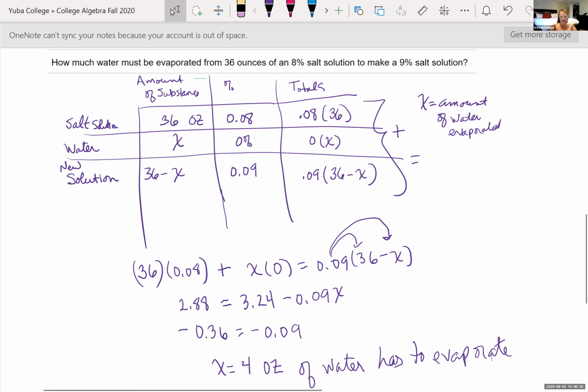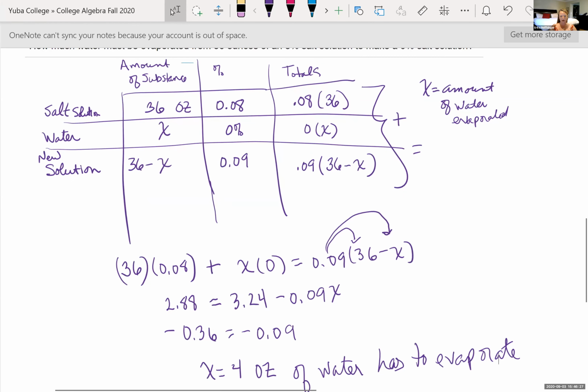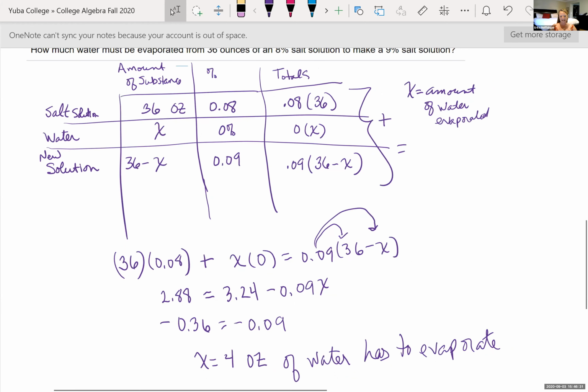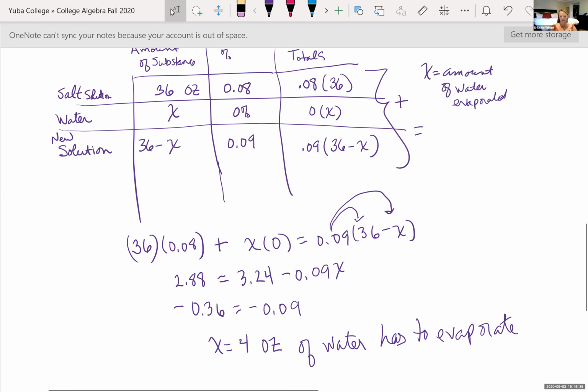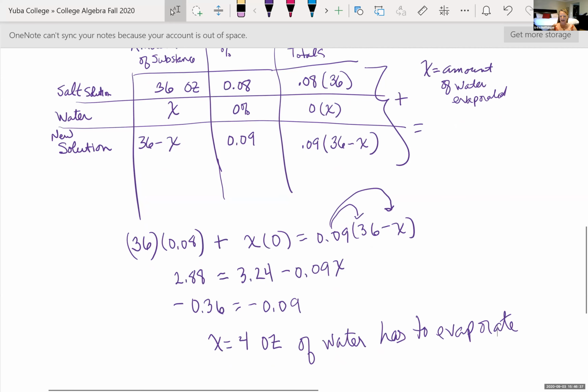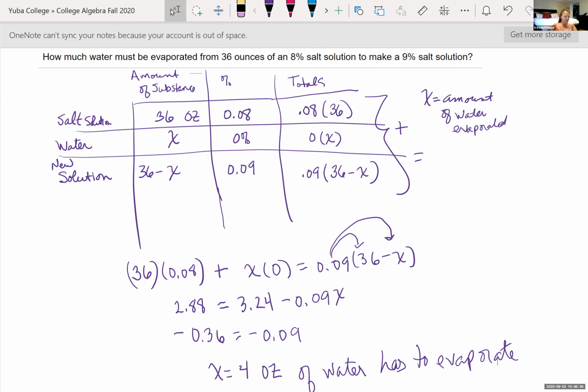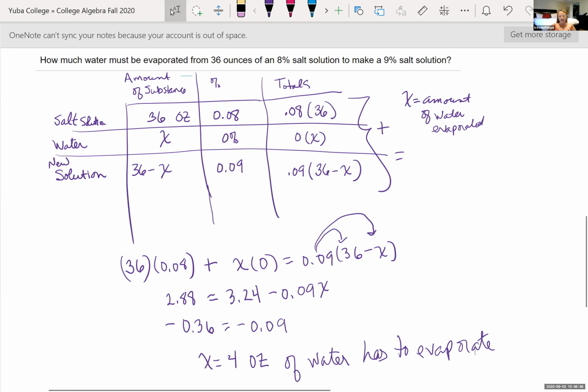But I think that for me, having the grid helps. For mixture problems, basically, the totals of things is the amount of a substance times the percent.